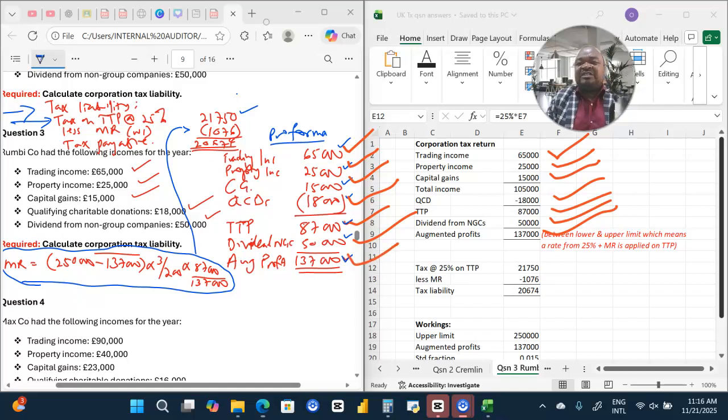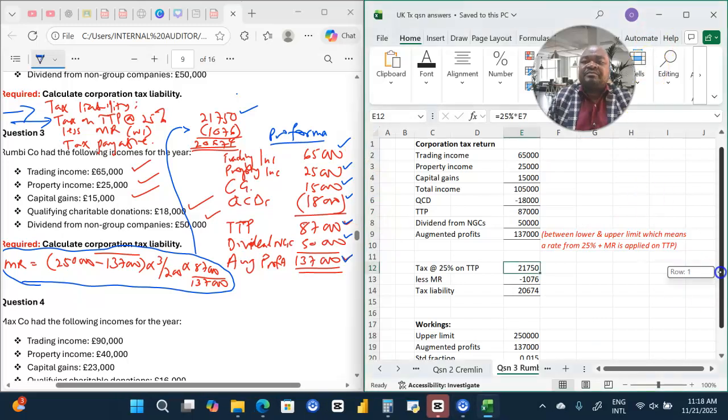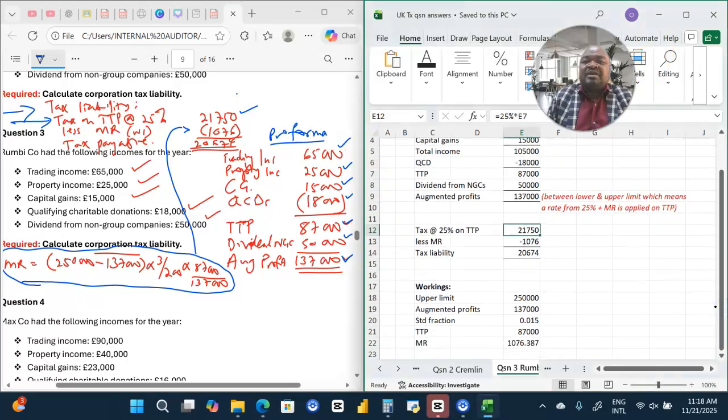This augmented profit is between the lower and upper limit, which means a rate of 25% has to be applied on TTP, and then we also reduce it by the marginal relief. The marginal relief, ladies and gentlemen, was also computed, and this is the working of determining it. Sorry, all my workings have disappeared. That's fine.